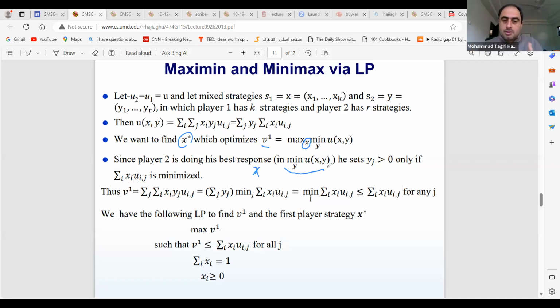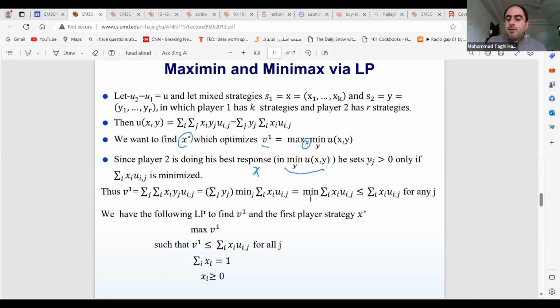And why minimum? Because it's a zero-sum game, and if she is minimizing for the other agent, it means that U, which is for the first agent, maximizes his payoff. So here, player 2 is doing best response.